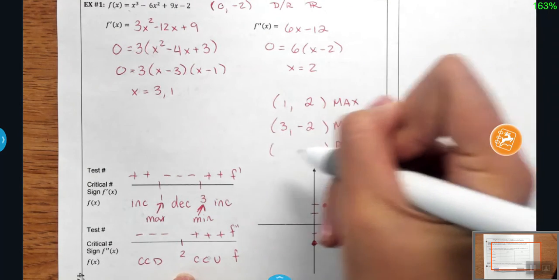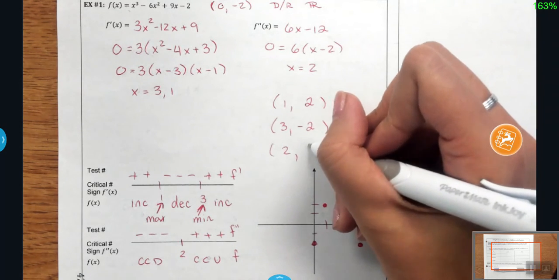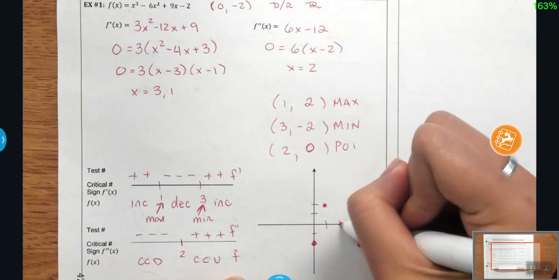If I plug in 2, zero, right? Yeah, I need double. Okay, thanks. All right, (2, 0).